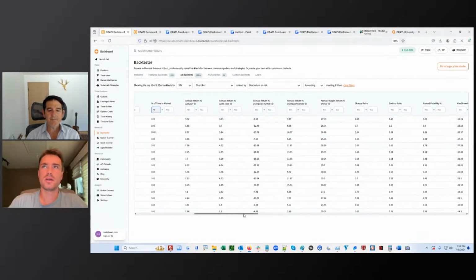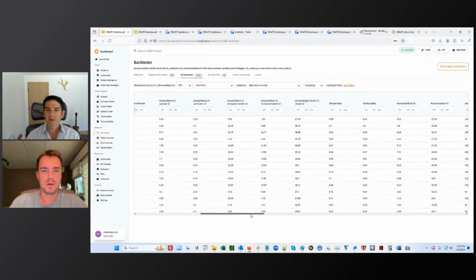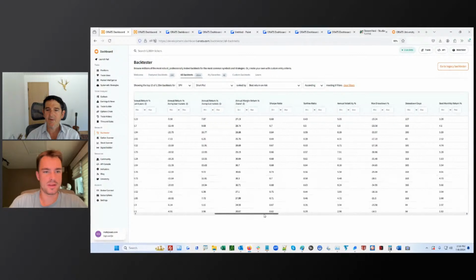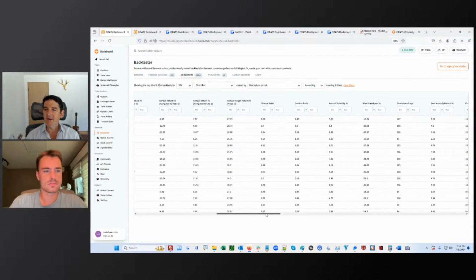I wonder if there's a quicker way to do that calculation if you filter based on the max drawdown and then set a minimum bull market return. I wonder if that's a better way. Yeah, you could do that, and I've done that. It's not exact to what I'm going for, but the max drawdown does show you some good information there.